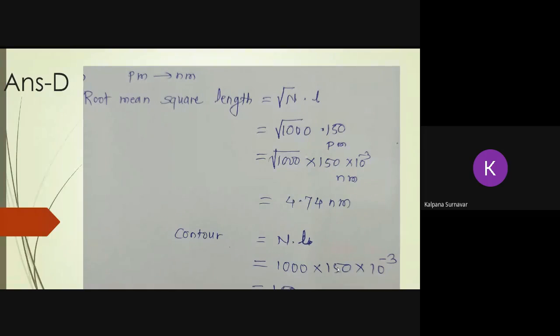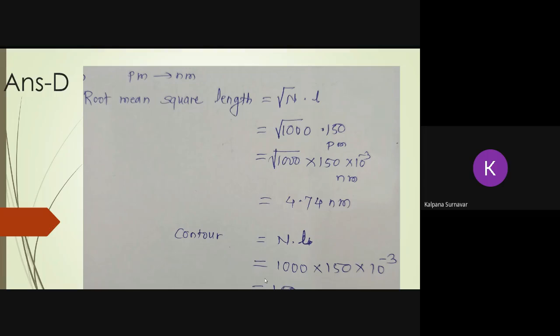The length of the polymer we have to calculate in nanometer. So just take the value 10 raised to minus 3: 1000 into 150 into 10 raised to minus 3. This 10 raised to minus 3 cancels 1000, so these terms get cancelled and only 150 remains. So the polymer contour is 150.